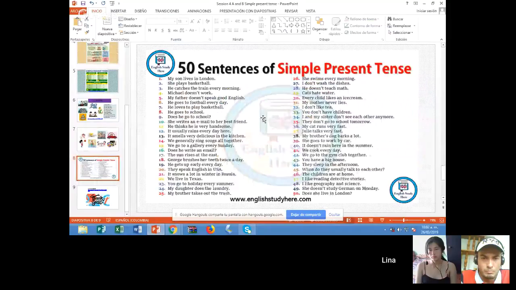For example, my son lives in London, okay? She plays basketball. Here we add the S at the end of the verb. He catches the train every morning. We use adverbs of frequency always for this.